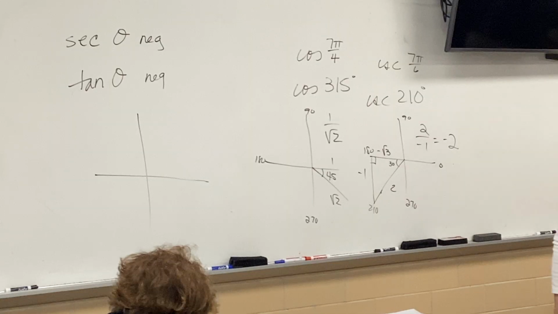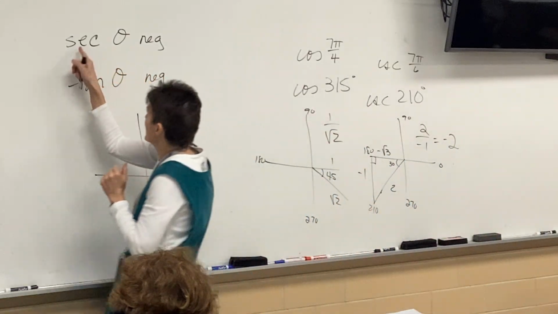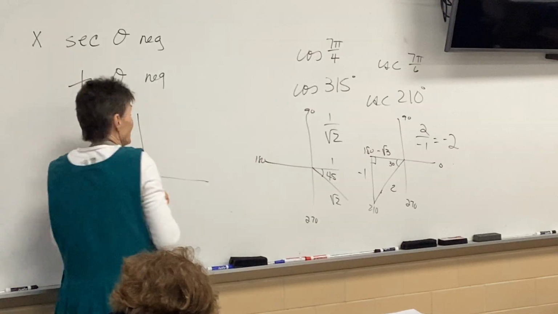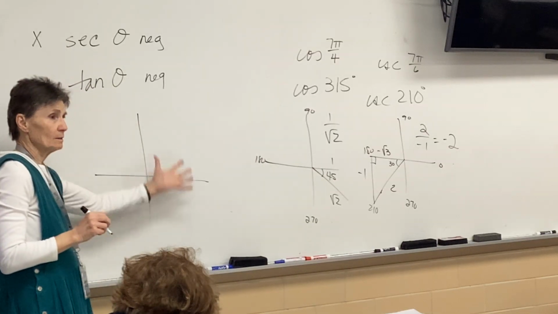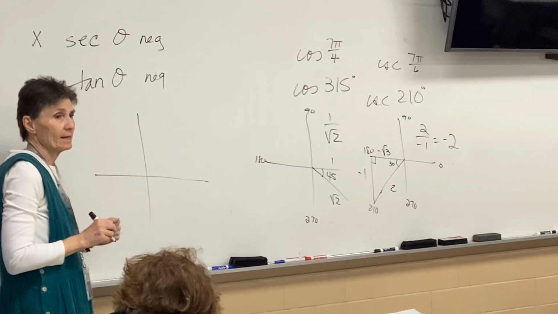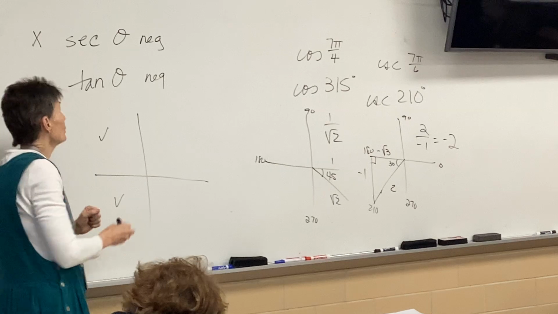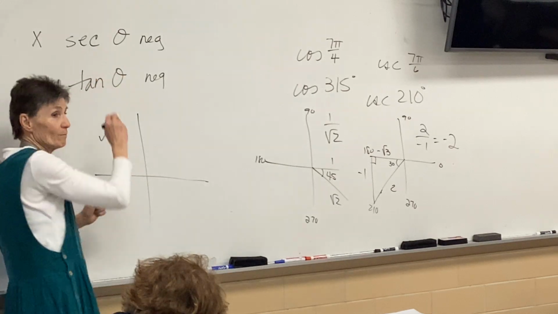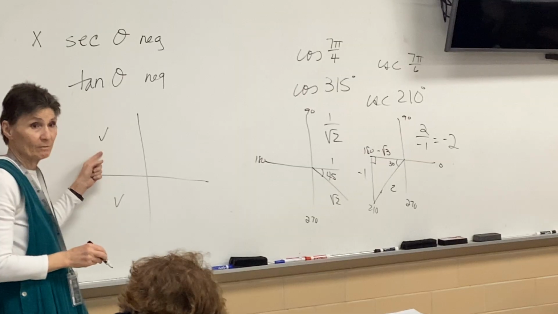X. Cosine is X. So what this means basically is X has to be negative. Well, where is X negative? 2 and 3. Here and here. So we've taken care of this part. If we need the secant to be negative, where X is negative.